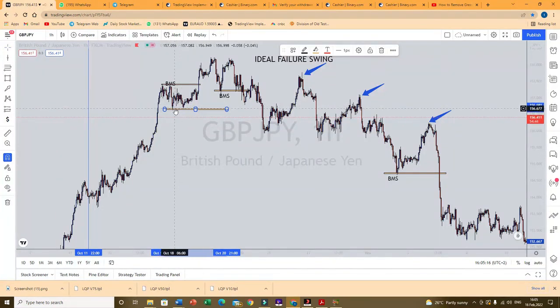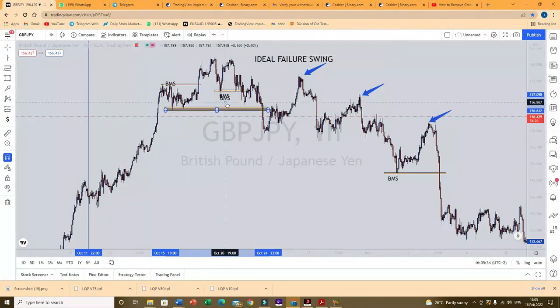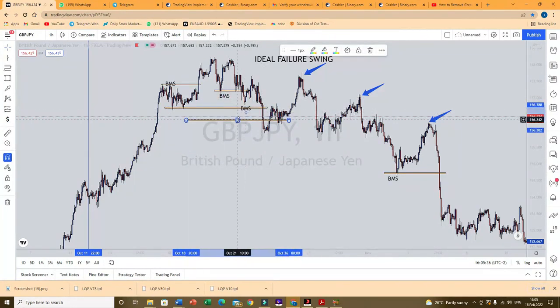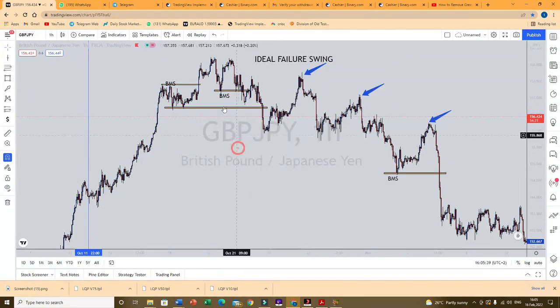So the previous impulse move, that was a successful impulse move, originated from this zone, and this demand zone is also being broken at this very point, right? So the moment we see our price also breaking that, the moment we see our price breaking this previous low here, right, then I can say it's an ideal failure swing, right? Because these strong lows have been broken, right?